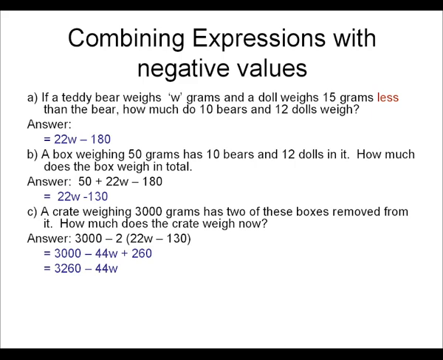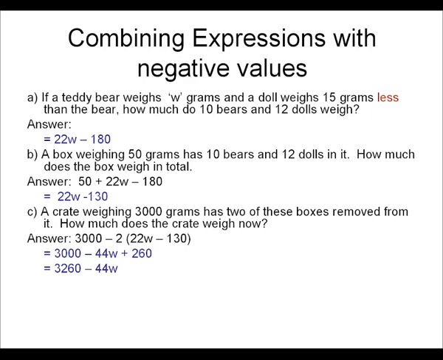So when you're multiplying a minus by a minus, you get a plus. Whenever you're multiplying the same sign, you get a plus. So -2 by -130 gives me +260, and we combine that to give us 3,000 plus the 260 is 3,260 minus 44W.